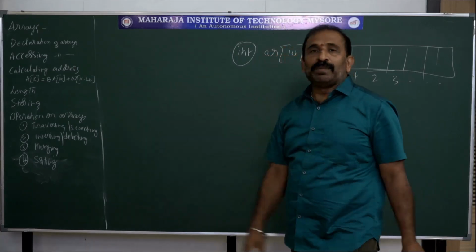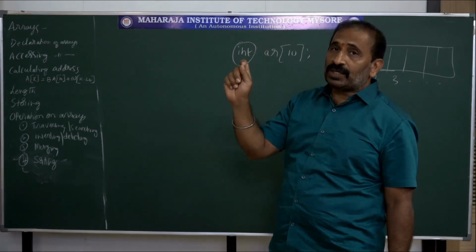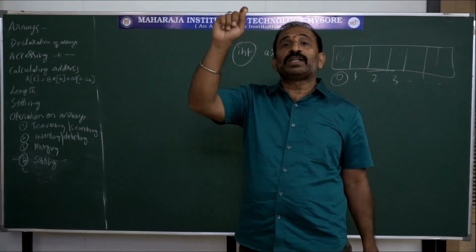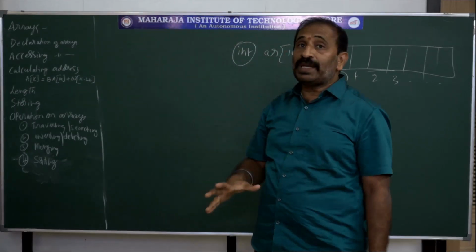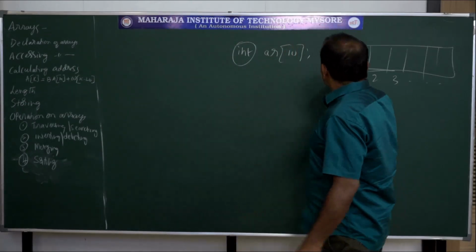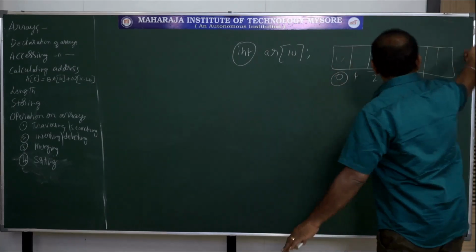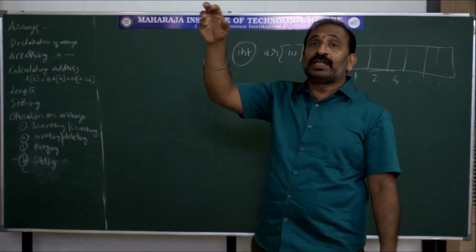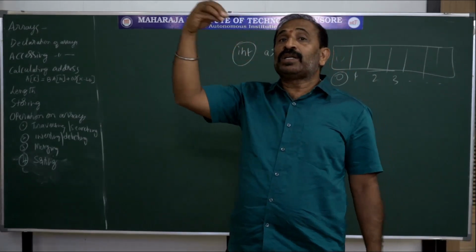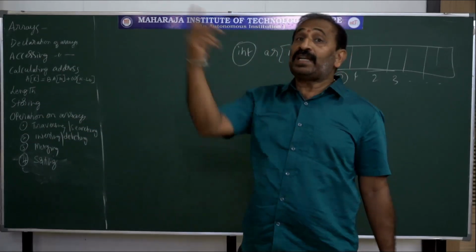And of course, I told you in the last class, arrays are used to store and insert elements randomly. What does it mean? It means I can access this 0 indexed value, after that I can go to this, I can come back here. Any element in the array can be accessed through the index number randomly.